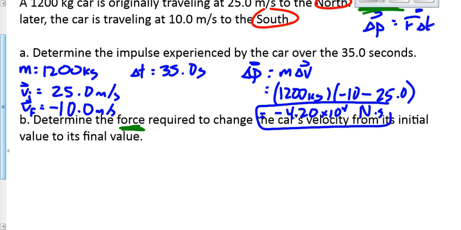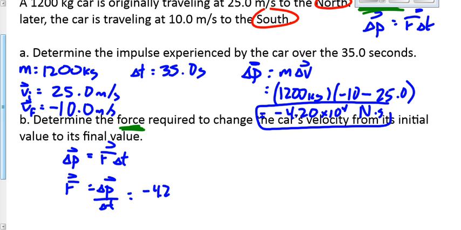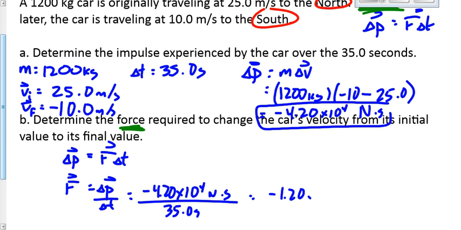So let's now say delta p is equal to F times delta t. We just solved for the impulse, and we're going to divide that by the time, which was 35.0 seconds. When we do that, we get negative 1.20 times 10 to the 3 newtons.